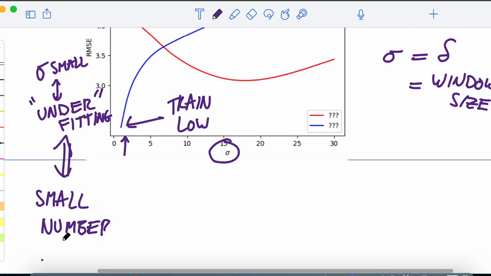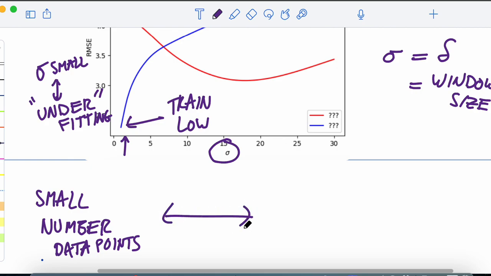Okay, and I think when we did this discussion in the video, the small number of data points was associated with something else, but I don't think it was associated with underfitting. Well, it will eventually be overfitting, not underfitting. But the small number of data points was the reason it had high variance.